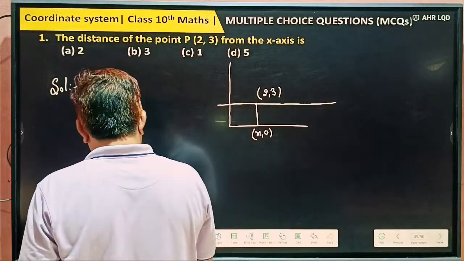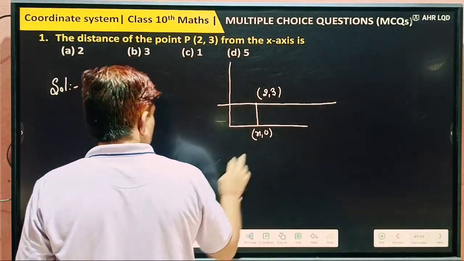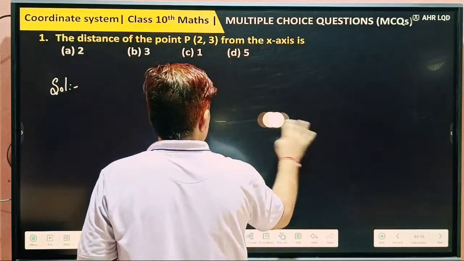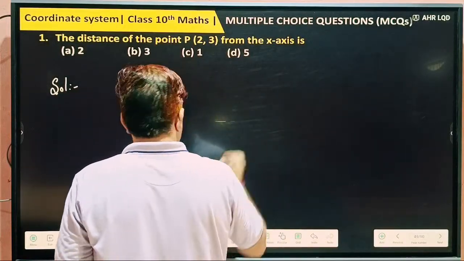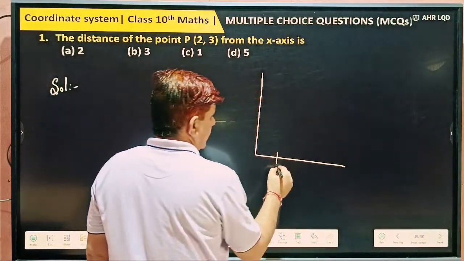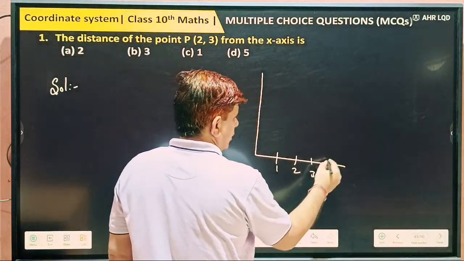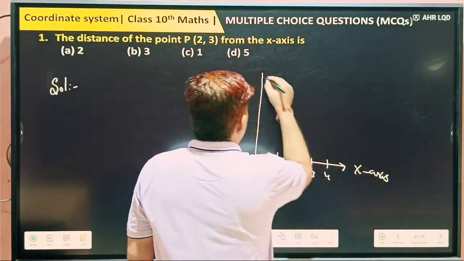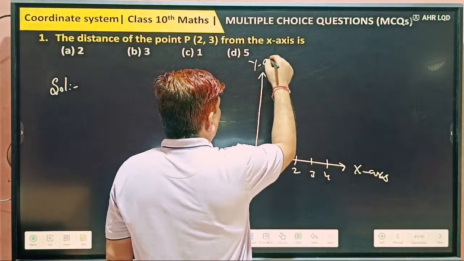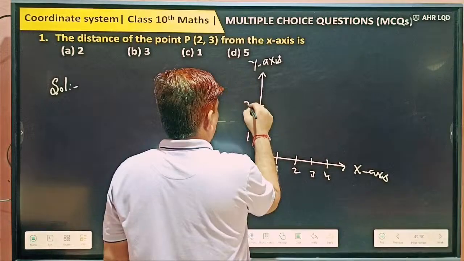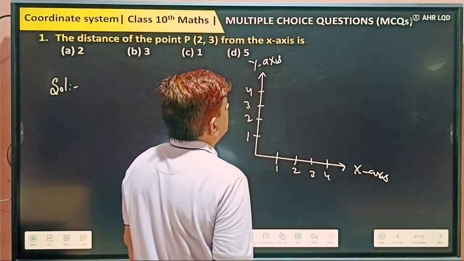Otherwise, we can show it like this. One unit, 2 units, 3 units, 4 units. This is the x-axis, and this is the y-axis. 1 unit, 2 units, 3 units, 4 units.